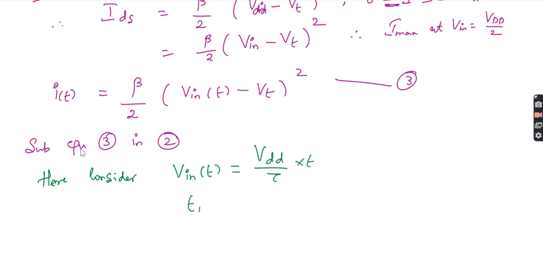Next, what is T1? The time T1 is nothing but tau by VDD into Vt. Then what is T2? T2 is nothing but tau by 2. So put all these things in this.